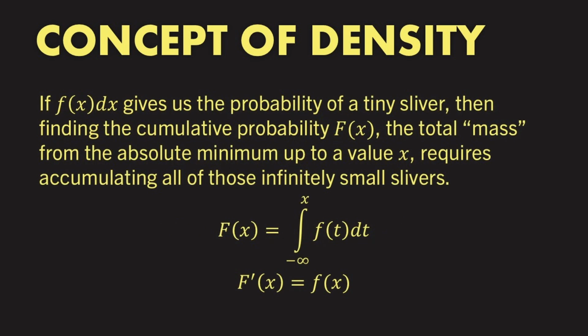So if f of x gives me the probability of a sliver, then finding the cumulative frequency, let's call this capital F of x, which is going to give me the total mass from the absolute minimum to that value of x, means that I'm going to accumulate all those little slivers from the minimum to that value of x. And that is nothing other than calculating the integral from the absolute minimum to that value of x of the function that we call the density function.